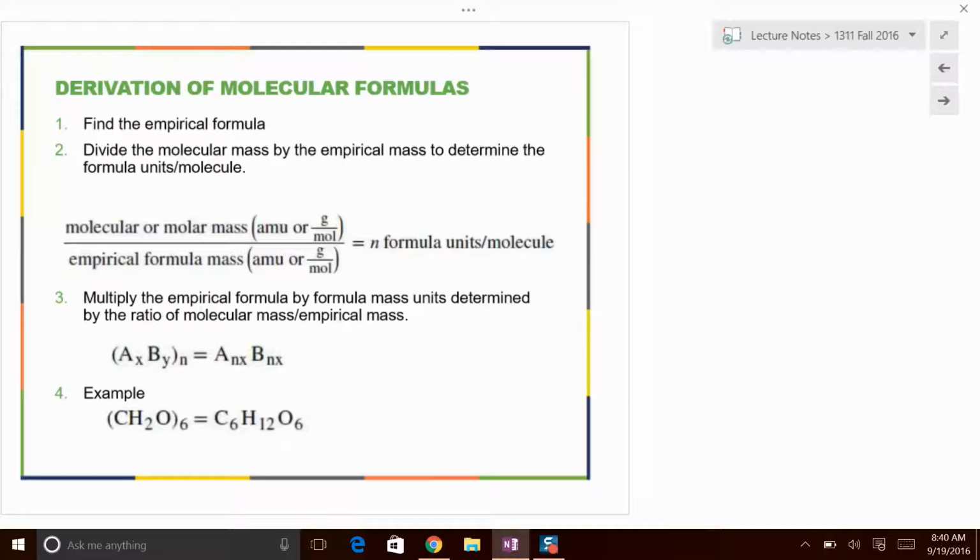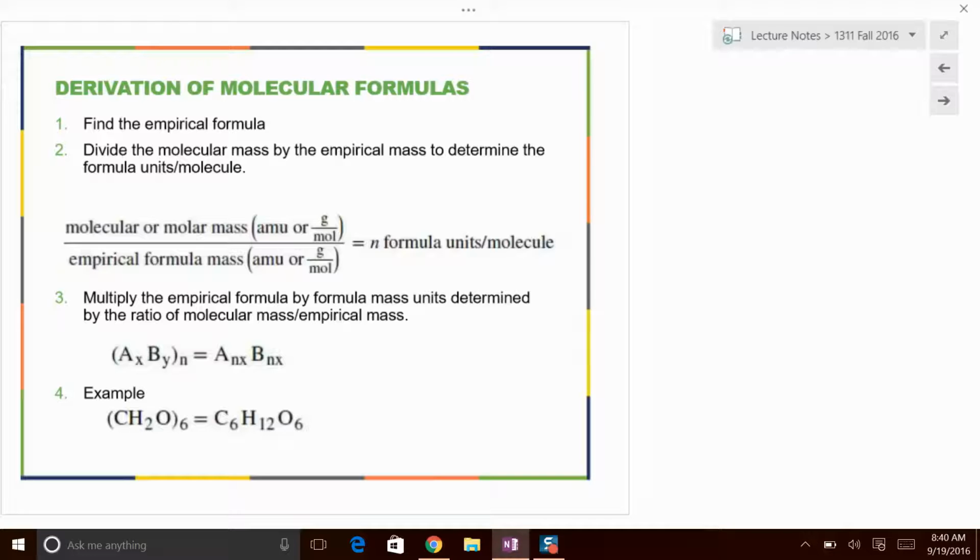This CH2O is the empirical formula of glucose, which is C6H12O6. So this is what I would determine, CH2O, from my data. And then I would have to figure out how much I need to multiply that by to get the actual formula of C6H12O6. Okay? To find the molecular formula.